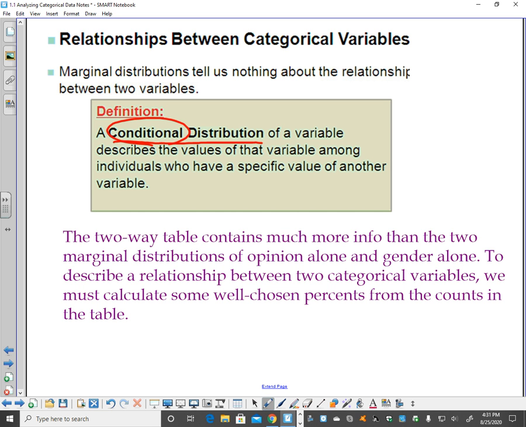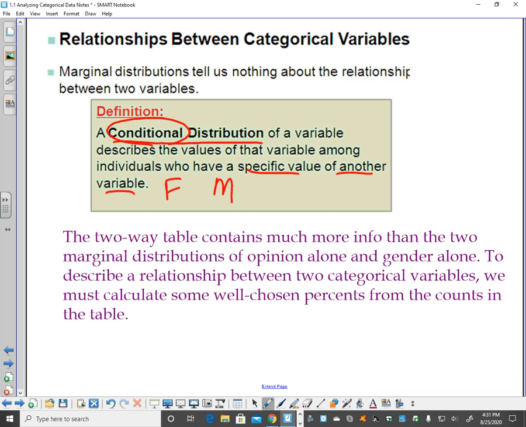Okay, a conditional distribution of a variable describes the values of that variable among individuals who have a specific value of another variable. So I'm looking at the difference in opinion of all females. The specific value of the other variable would be females and then males.